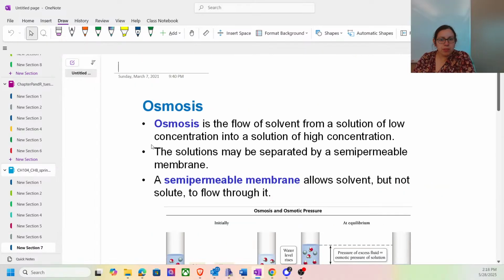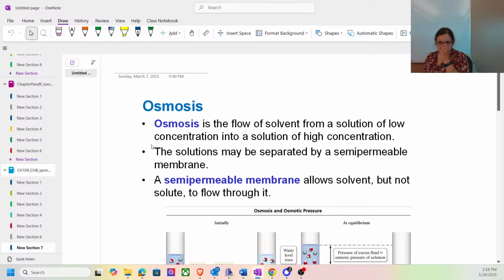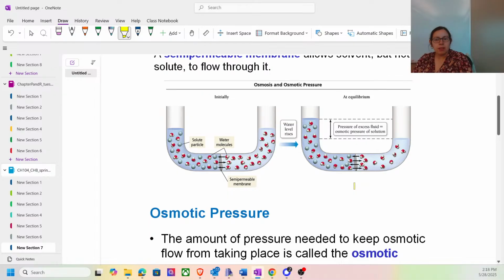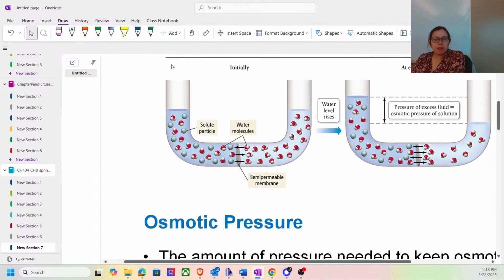So last bit of the chapter, it mentions osmosis. This is just defined as the flow of solvent from a solution of low concentration into a solution of high concentration. Usually there's some sort of semi-permeable membrane that allows water to flow through. Here's just a visual representation.